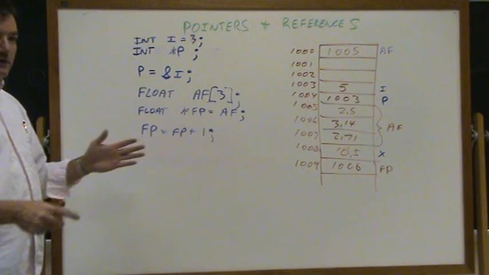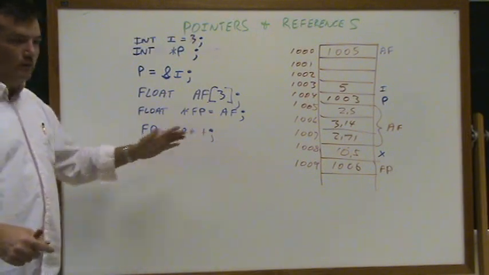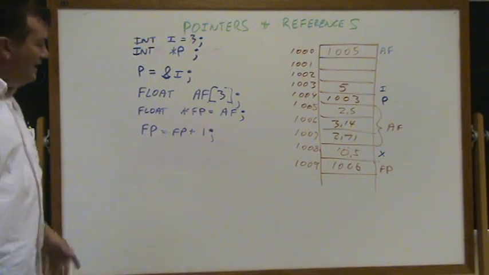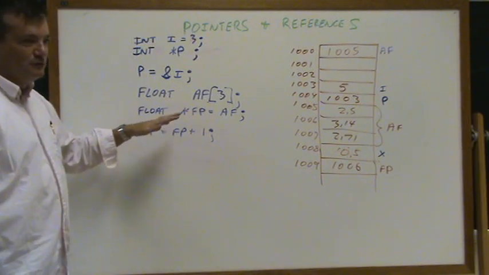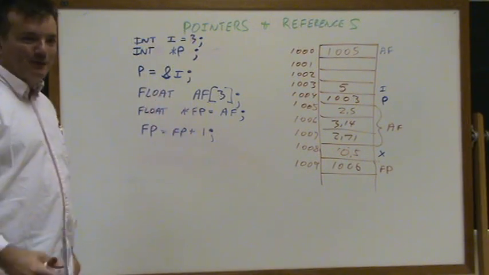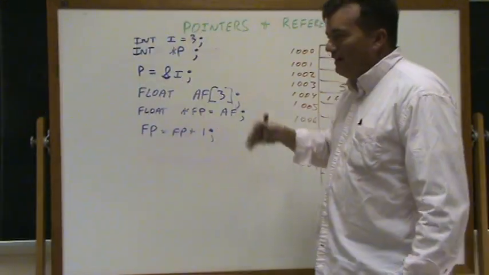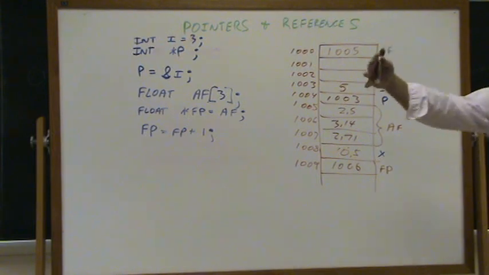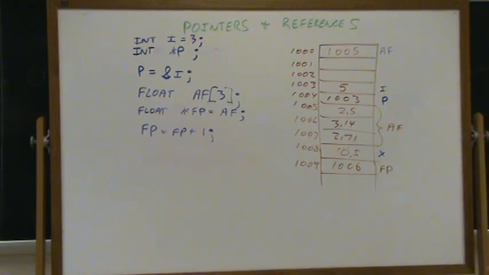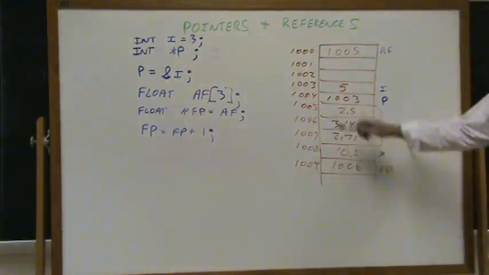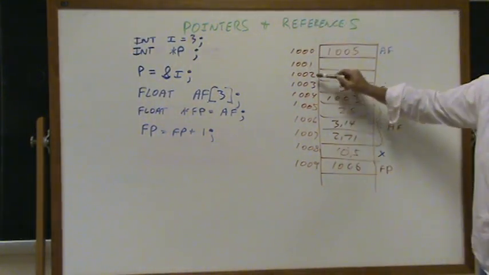So let's say a floating point is 32 bits, and I want to add 1, I'll go 32 bits later. If this ended up being a pointer to something huge, like a person object, let's say that was 100 characters long, and I wanted to go 1 more, then I would go 100 characters later. So it means 1 more of whatever these things are. So I'm oversimplifying it by saying everything's 1 away.